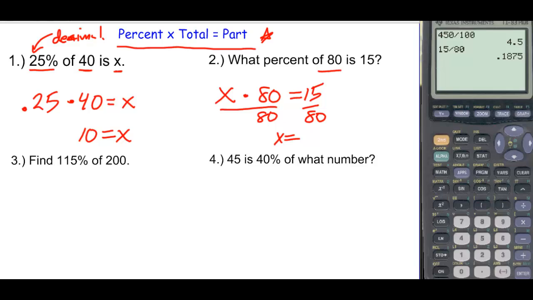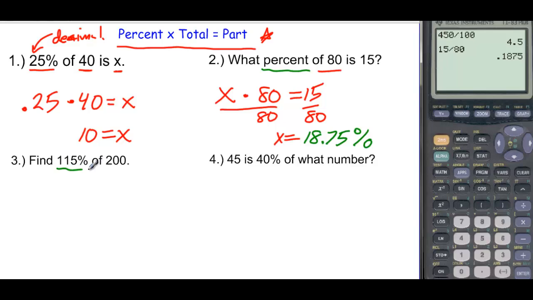Now look at this, here's my decimal. So I have to change that to a percent because what it's asking for is what percent. So I'm going to move the decimal over 2 places. So it's going to be 18.75%. And you always want to put the symbol there. So that's the percentage. If you think about it, 15 is a part of 80. Find 150% of 200.